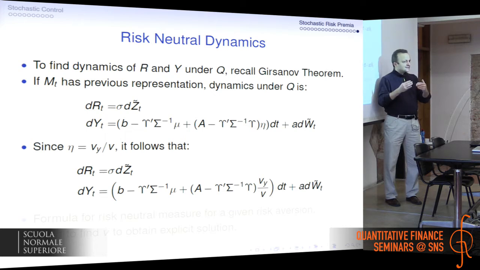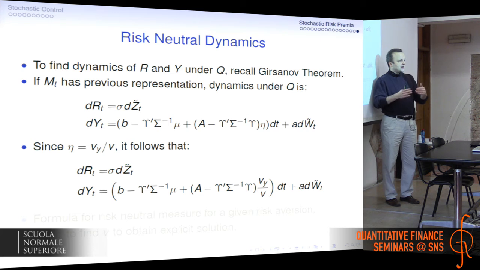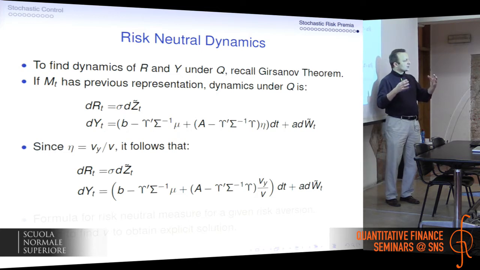When you price under a certain measure, you are pricing in such a way that you are indifferent between buying or selling a small quantity of the payoff that you have just priced. That is the only way of pricing rationally with respect to a certain utility function.